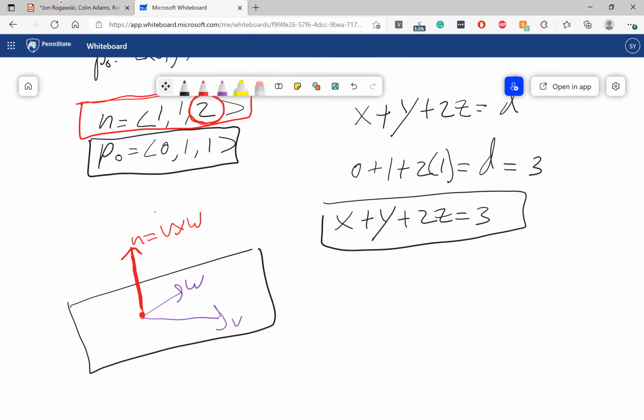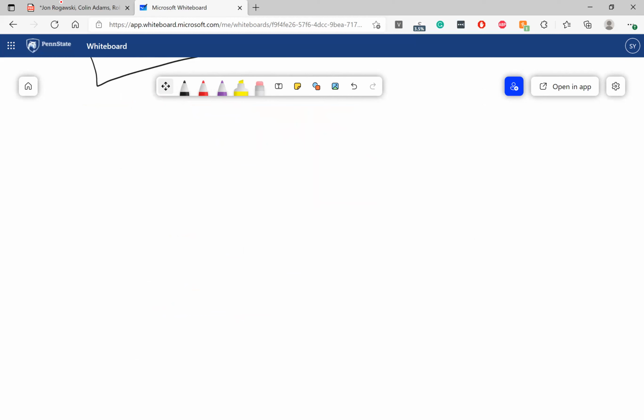So let's do one more example. Let's imagine we have the normal vector, and it's the vector 3, 1, 0. And then I have a point, let's say the point 1, 0, 2. Take a couple of minutes and try to find the equation of the plane that goes through that point and has that normal vector.